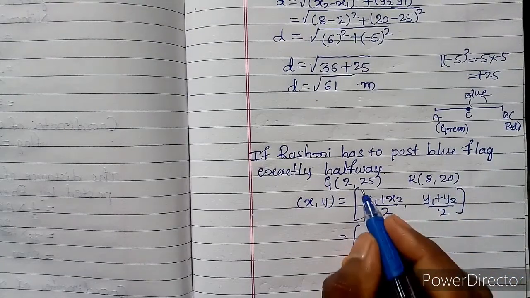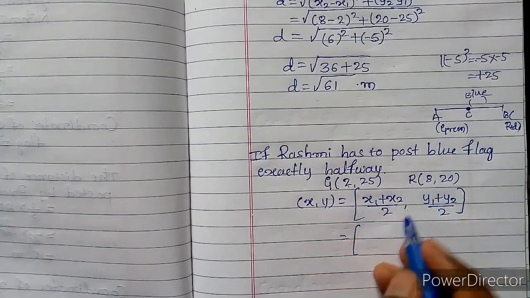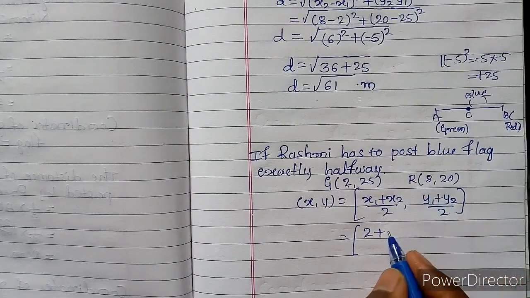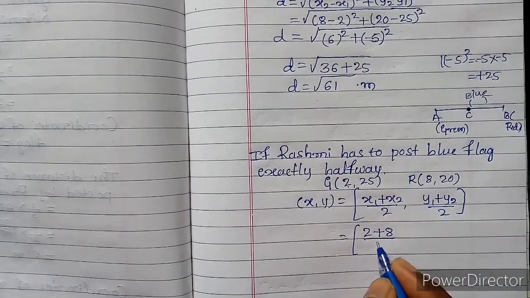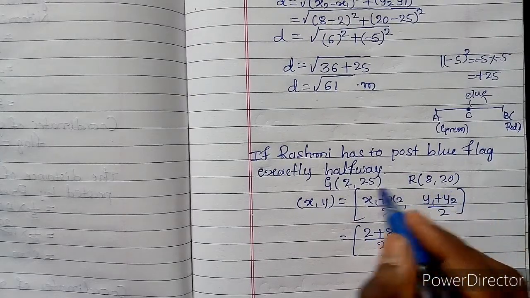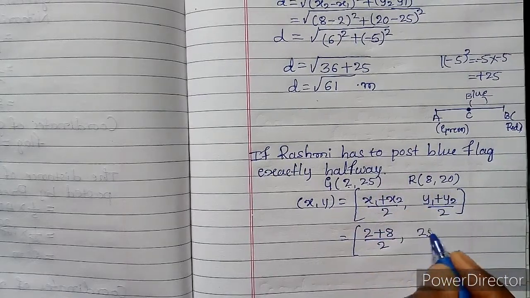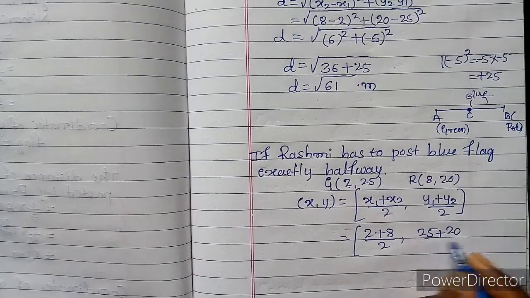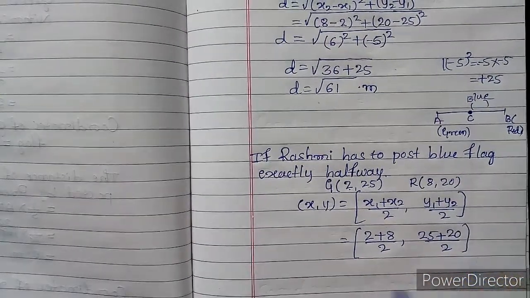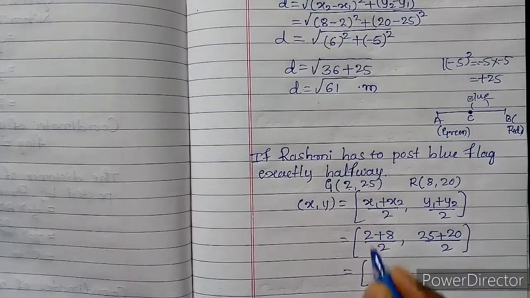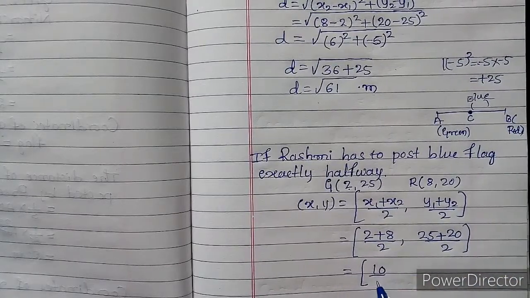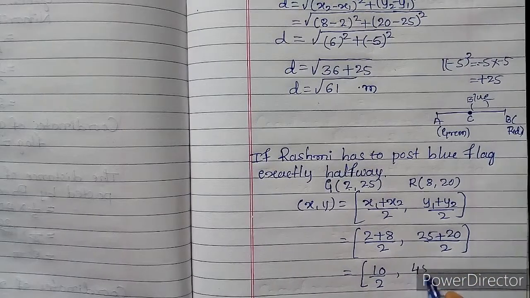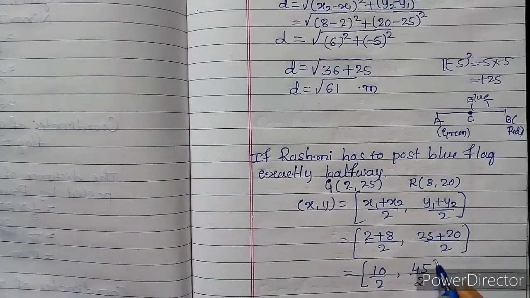The value of x1 is 2 plus the value of x2 is 8 dividing by 2 comma the value of y1 is 25 plus the value of y2 is 20 dividing by 2. Then 2 plus 8 is 10 dividing by 2 comma 25 plus 20 is 45 dividing by 2.